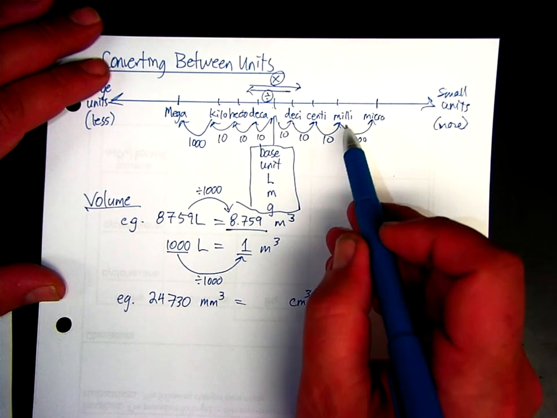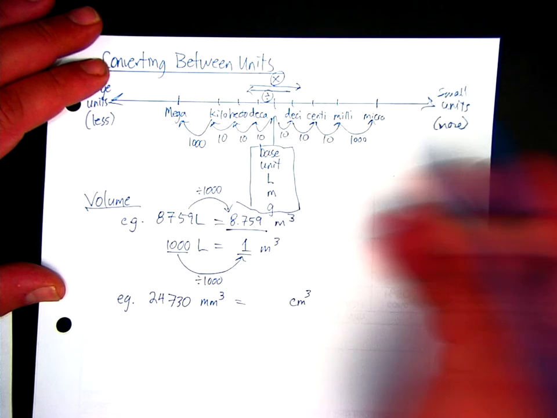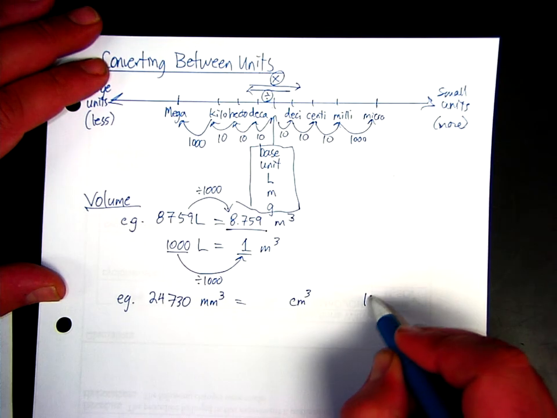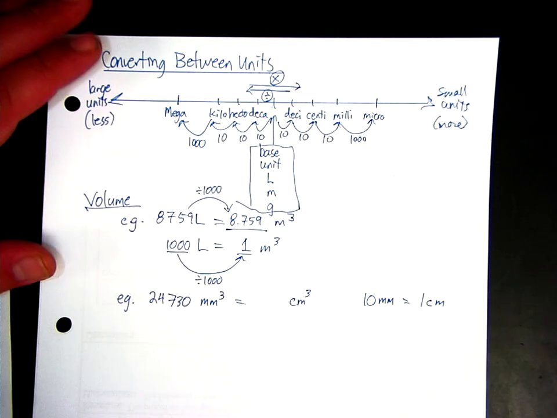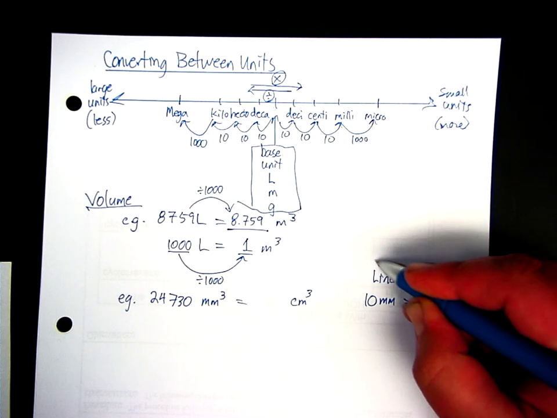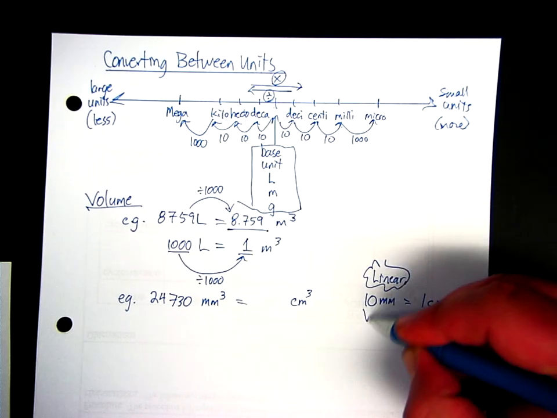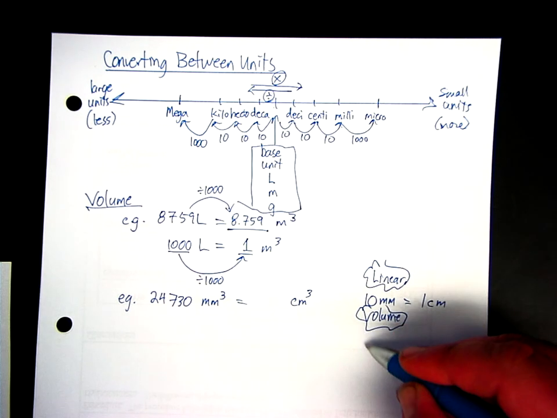I know that millimeters are smaller than centimeters, so there's got to be 10 millimeters to every 1 centimeter. That's true for a linear system. But if I want volume, I need to cube everything.